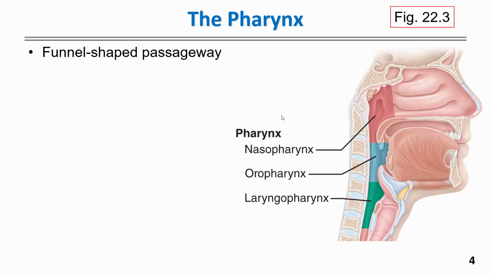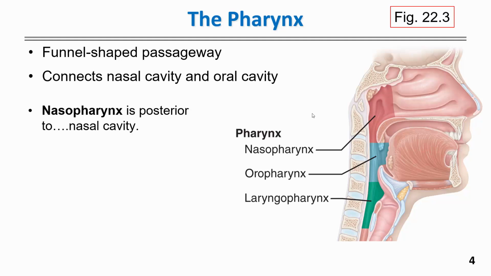we move into the pharynx, and there are three components to the pharynx. And the pharynx is a funnel-shaped passageway, and you can see this illustrated with this very large cavern of the nasal cavity that begins to narrow into the nasopharynx, and this connects the nasal cavity with the oral cavity that you can see located just in this region on the right hand side of the slide.